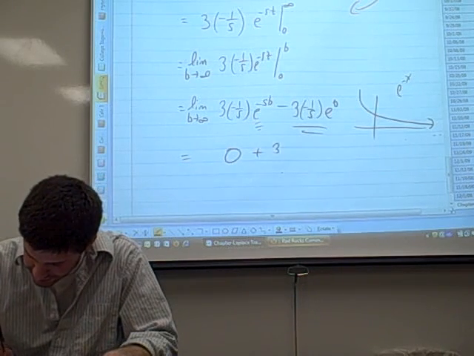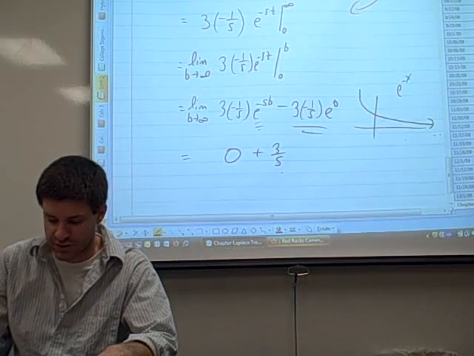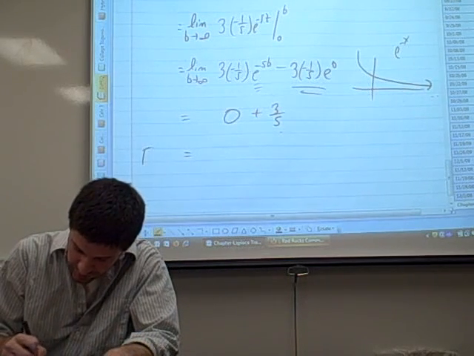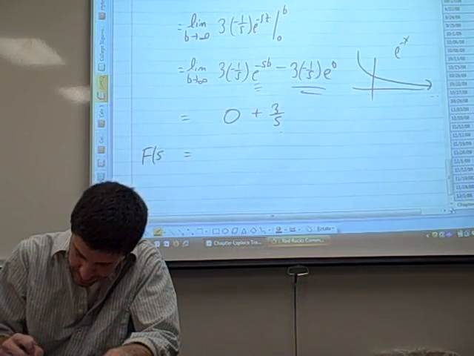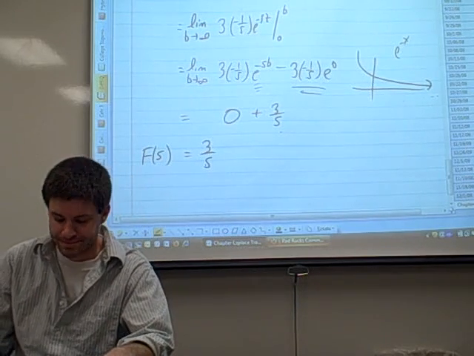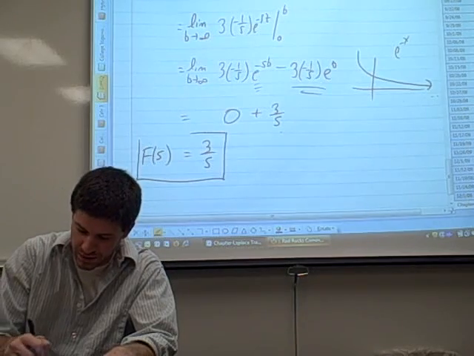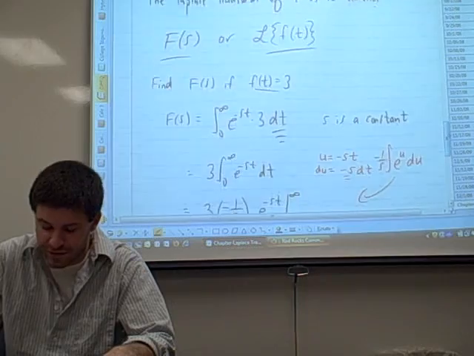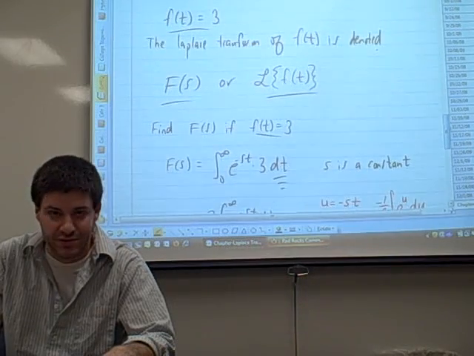And we have a plus 3 over s on that term right there. e to the 0 is 1, of course. So, our Laplace transform of 3 is 3 over s. Now we just blindly plugged 3 into our definition of our Laplace transform to find that.